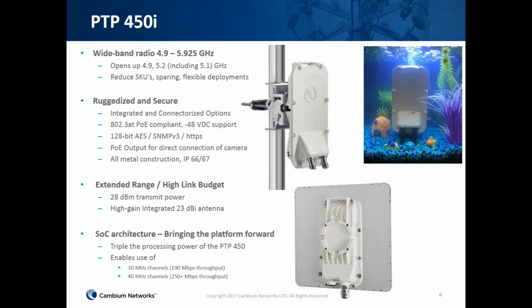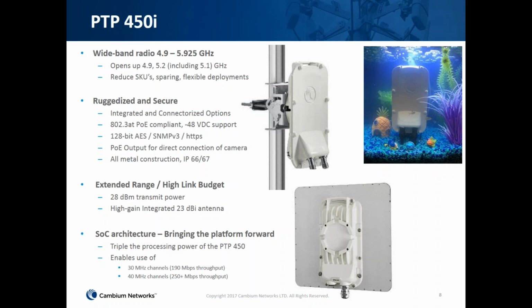So that's going to increase the maximum capacity, which is today about 190 megabits per second in that 30 meg channel, up to about over 250 megabits per second in a 40 megahertz channel. Our strong recommendation is to run that 40 megahertz channel on a 450i platform.